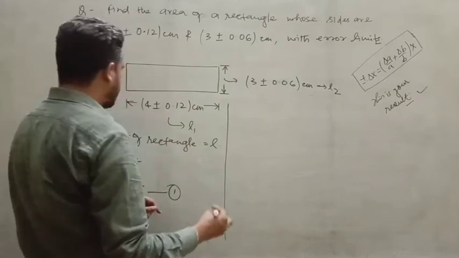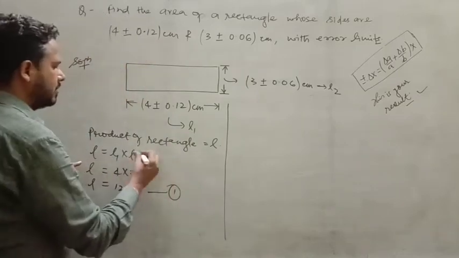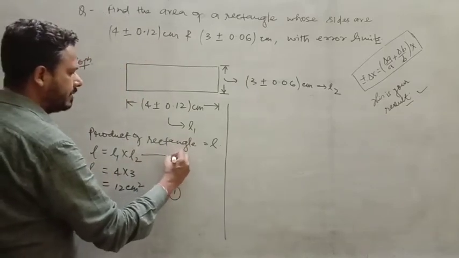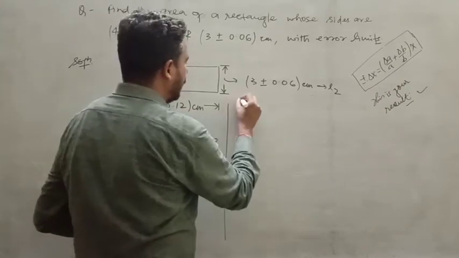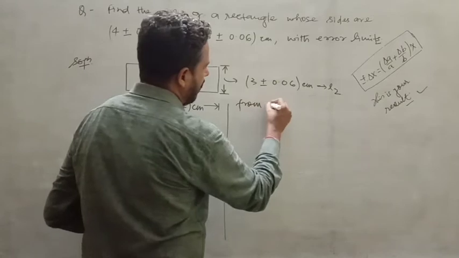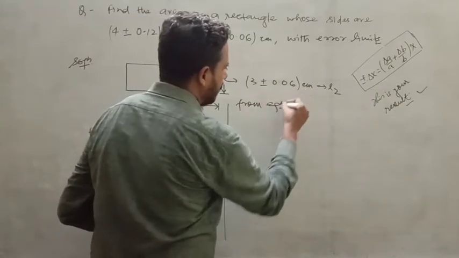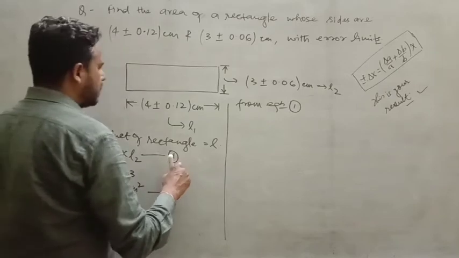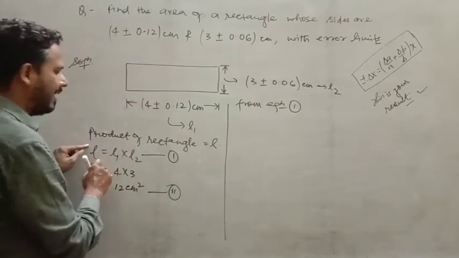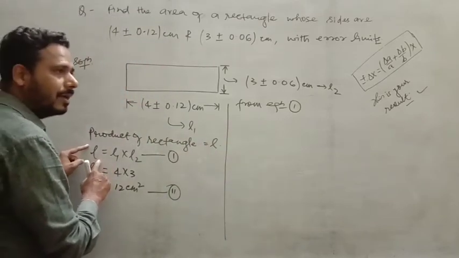Now it is very simple. Just use this equation. Suppose this one is equation 1 and this one is equation 2. So just write down from equation 1. You just evaluate this one. See, there is L. So delta L is the absolute error.